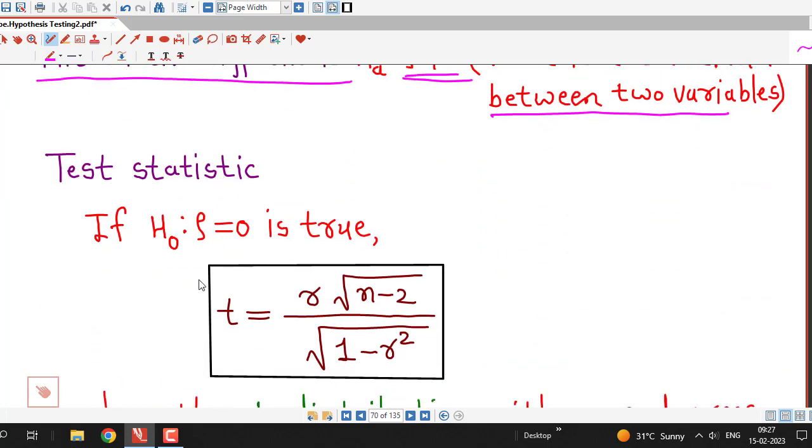If we assume that the null hypothesis is true, then the test statistic is given by t equal to r times square root of n minus 2 divided by square root of 1 minus r square. So we will remember this formula for the test statistic for this test for correlation coefficient.